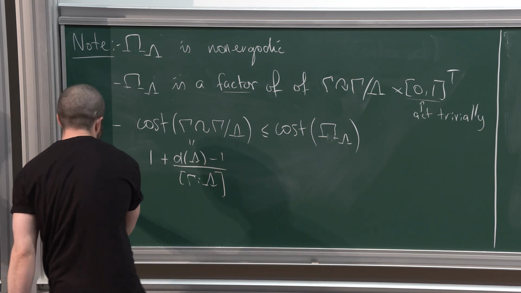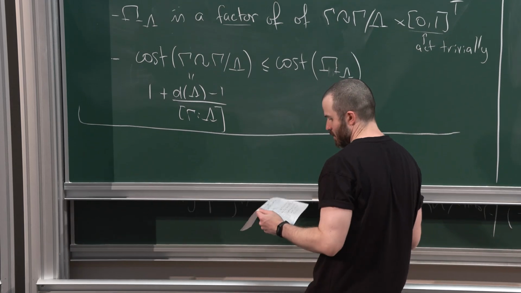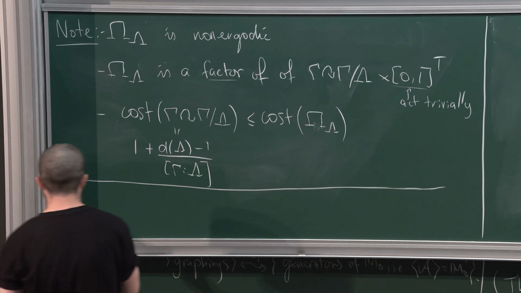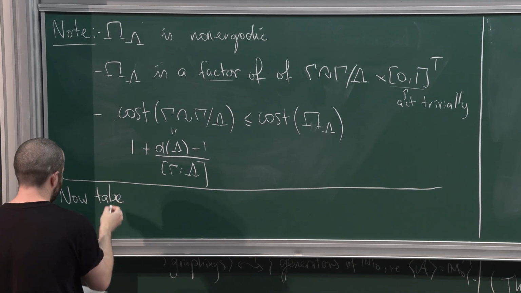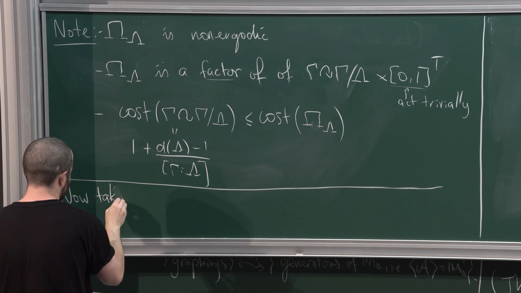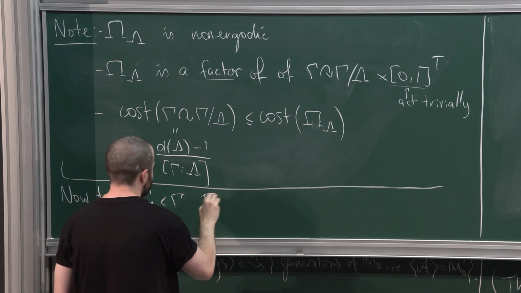Okay, this is one process, but we wanted to take this for a Faber sequence. So what happens with the Faber sequence? Now take gamma n in gamma to be Faber.